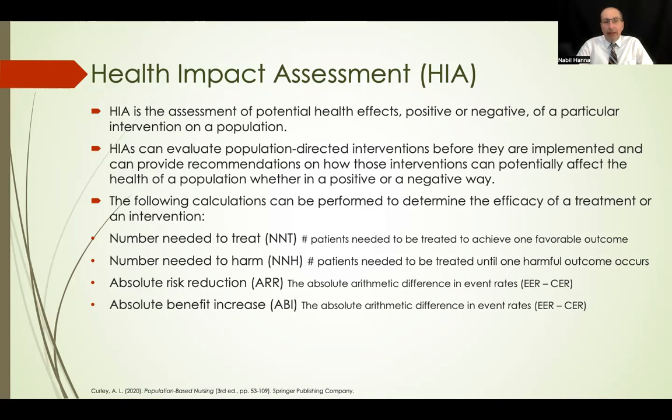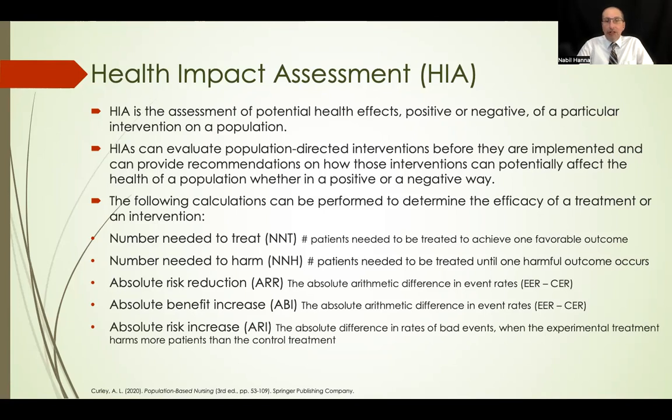Also, another value we need to calculate is the absolute benefit increase, which is the absolute arithmetic difference in event rates. Here, again, it is the experimental event rate minus the control event rate.